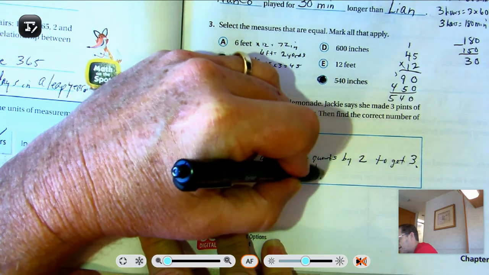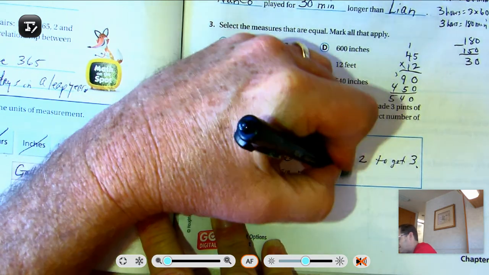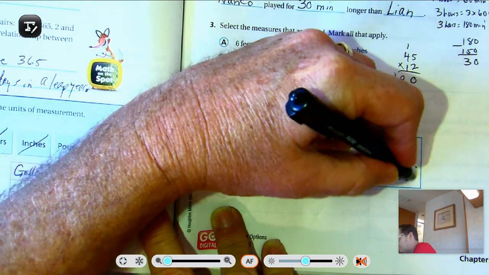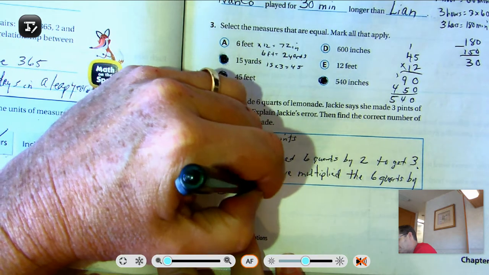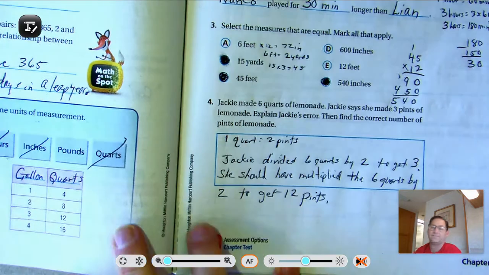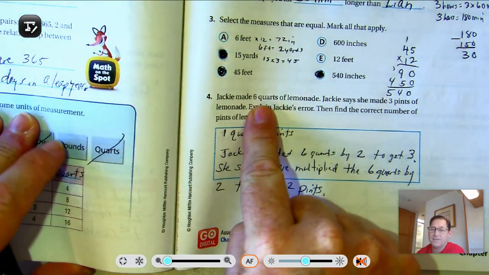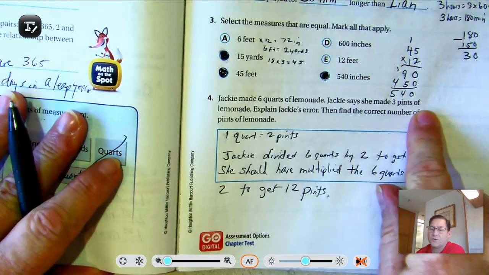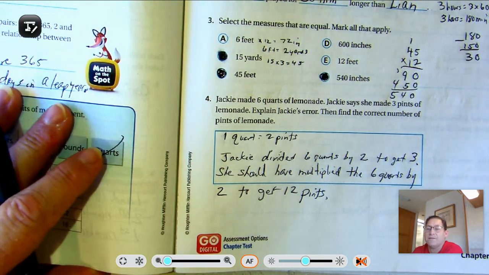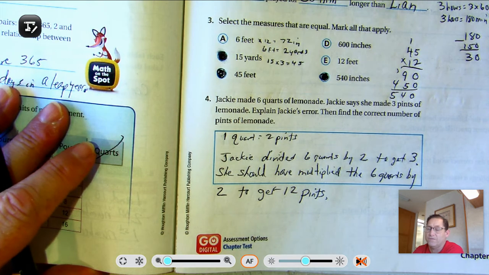So she shouldn't have divided. She should have multiplied the 6 quarts by 2. So when you go from a larger unit, 6 quarts, to a smaller unit, you multiply. So 6 quarts times 2 would be 12.